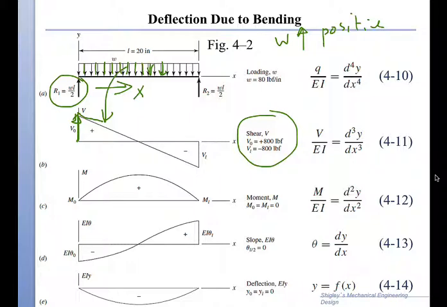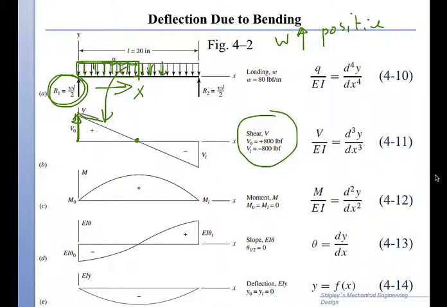The integration up to this point, half of the beam, is W times L over 2, and when you add negative W times L over 2 to positive WL over 2, you get 0.